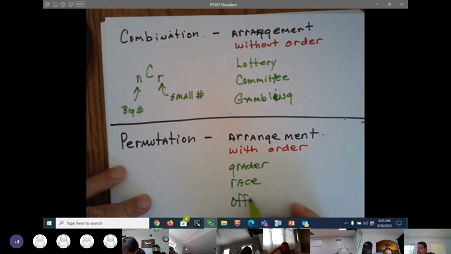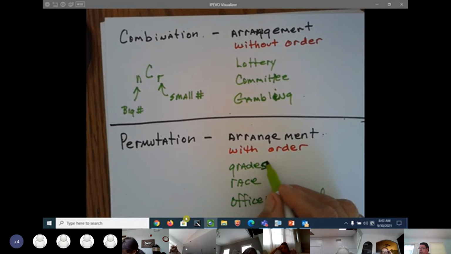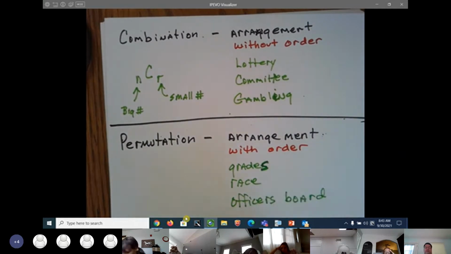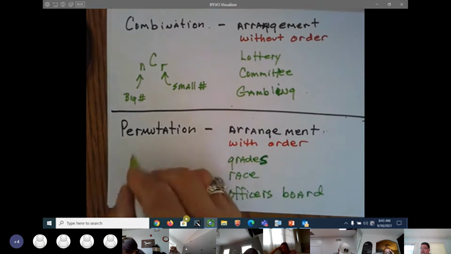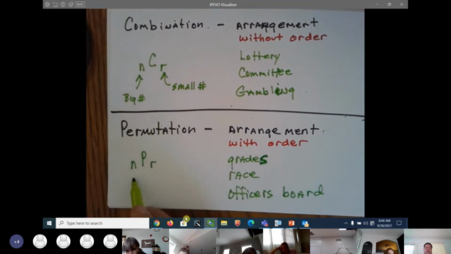Officers on a board. President or chairman, vice chairman, secretary, treasurer. Those are all examples of questions that you're going to see on the test, and that is going to be nPr, and of course n is your biggest number, r is your smallest number.